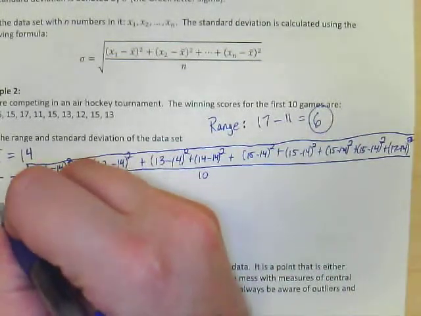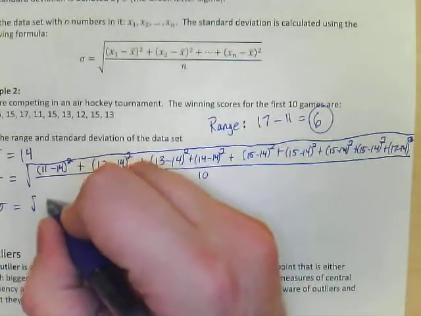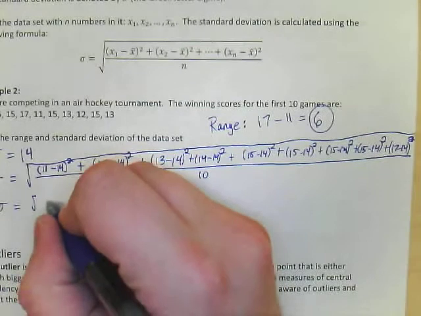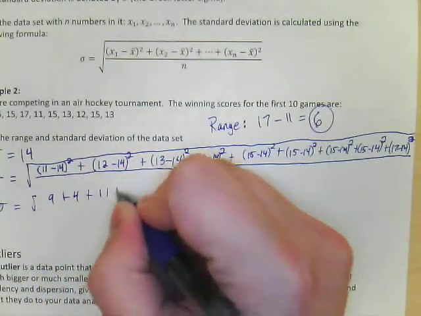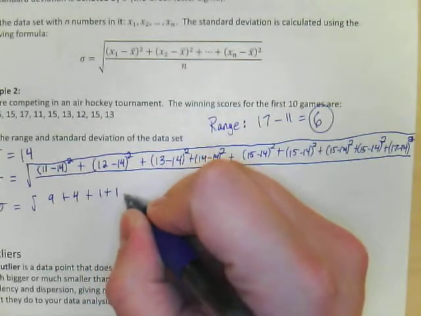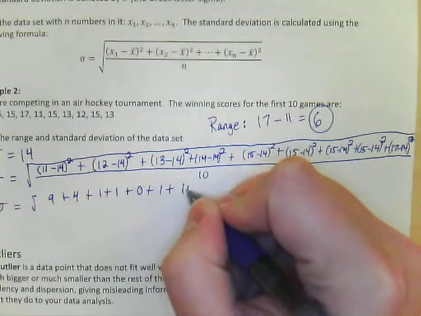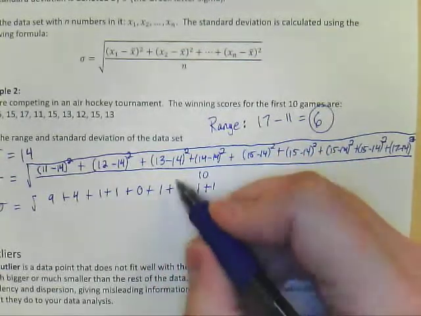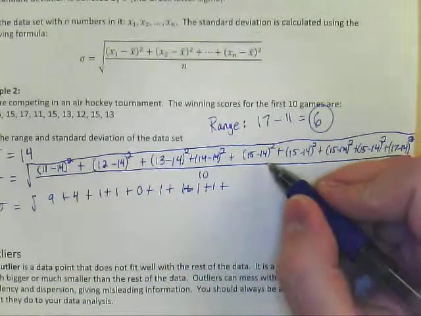Alright, so sigma is equal to, if we simplify this, 11 minus 14, that's negative 3, square that, we get 9, and I'm going to assume that you can calculate all of those. And so this is what you would get. Oops, that should be a plus 1, plus 1. There are 4 of those from the 4 15s, because 15 minus 14 would be 1.